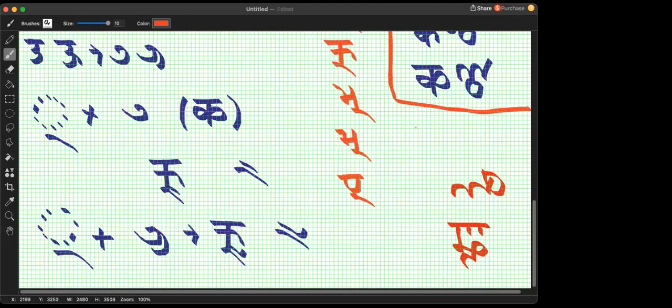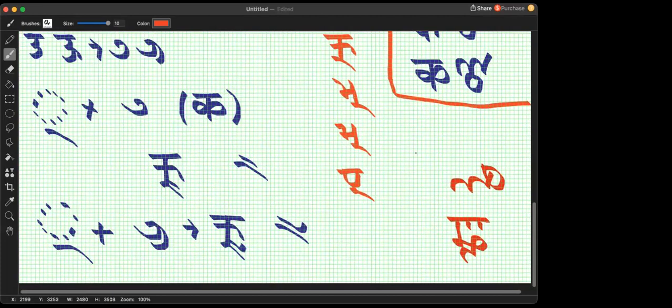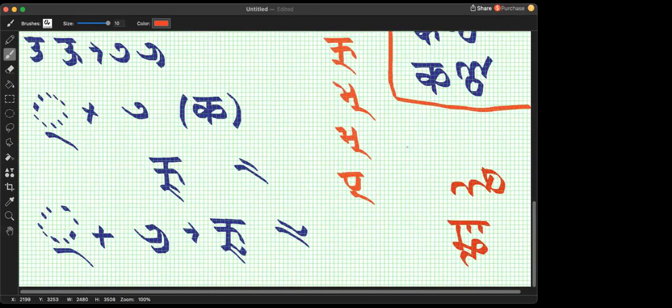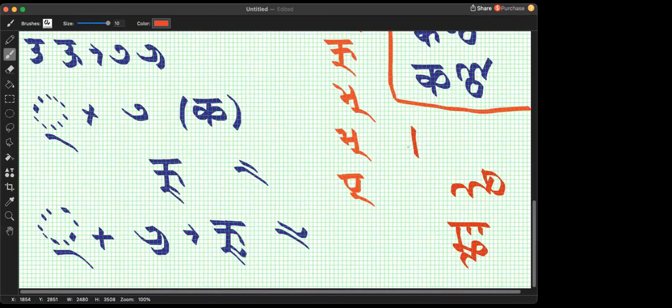And suppose you want to make a conjunct with, say, right below toe, what you'll do, you'll take it up here like this. Always no will use this portion to make the conjunct.